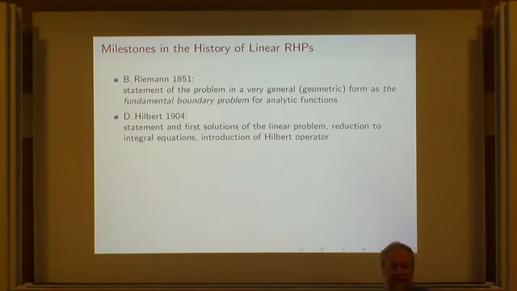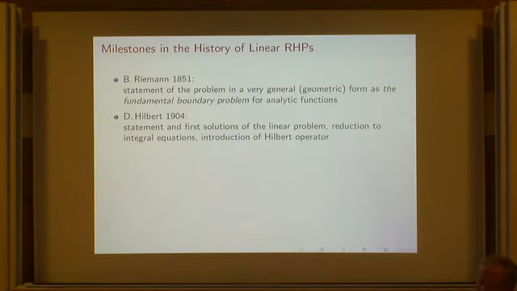What is interesting is that he introduced the Hilbert transform, the Hilbert operator, in this paper. So the problem was also the source of some interesting results and mathematical objects. What he did was reduce the boundary value problem to a singular integral equation, and then he reduced the singularity and treated it as a Fredholm integral equation.